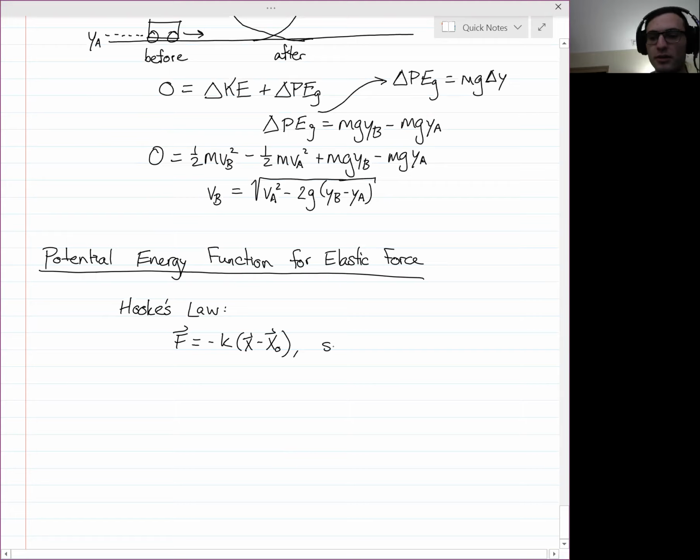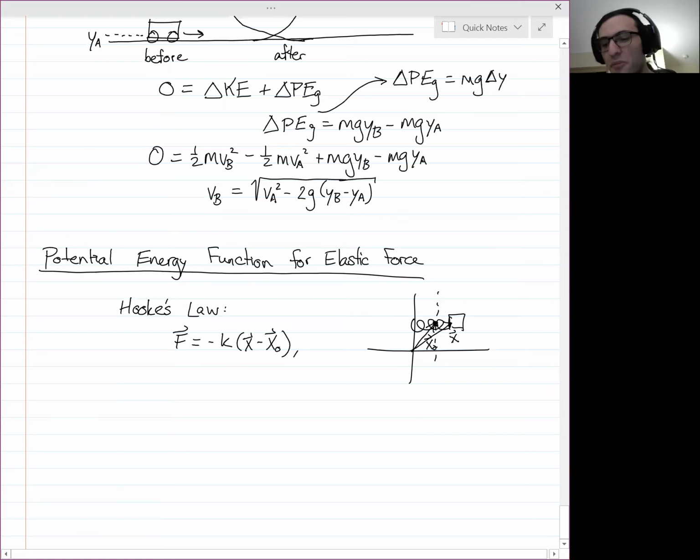where x is the position of the object that has the force on it, and x naught is the equilibrium position. So for a picture here, imagine that your spring is here, your mass is here, and maybe its equilibrium position is located here. So x naught would be this vector, and x would be this vector, just as a quick picture.